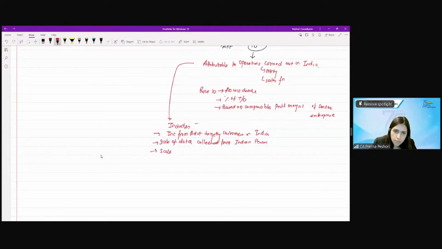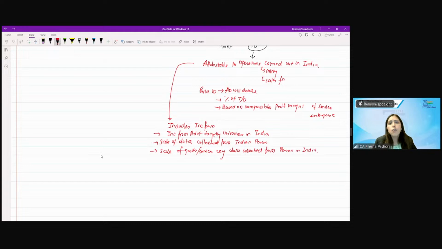So, income from sale of goods or services using the data collected from a person in India.